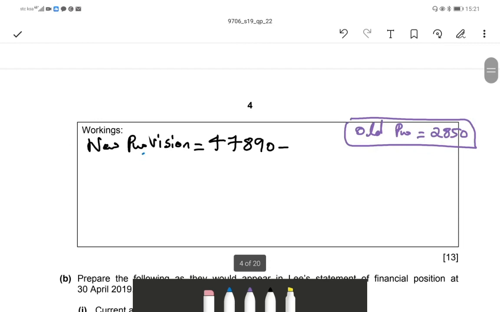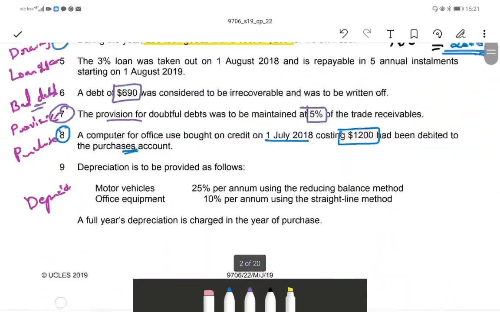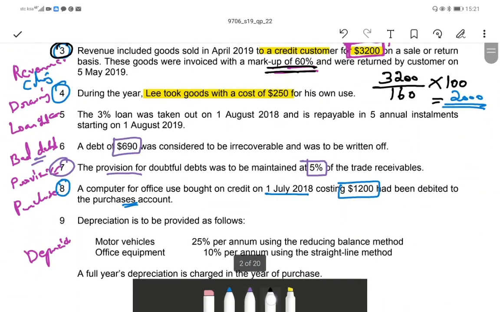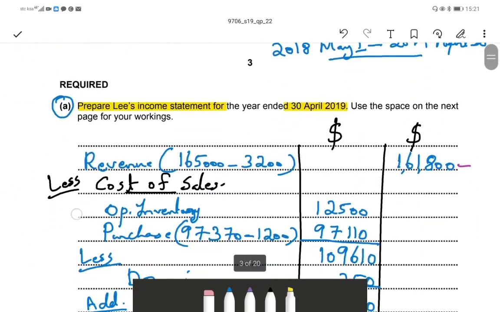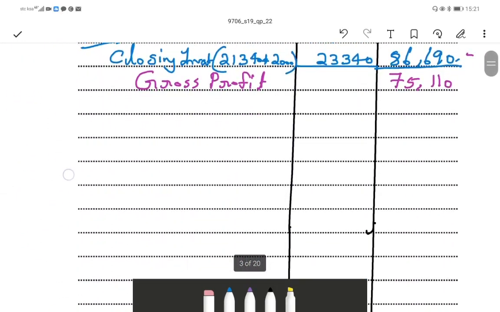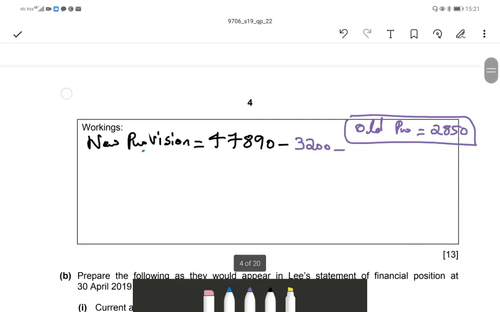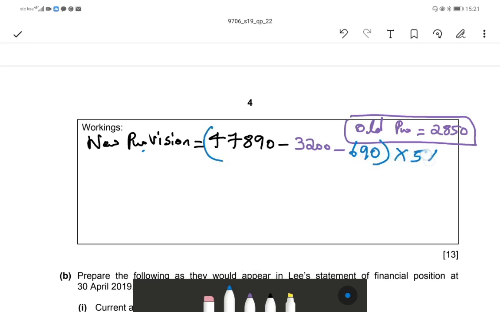So minus 3,200, then minus bad debt. If any bad debt is given in the adjustment, they are given the bad debt 690, the debt irrecoverable and written off. So that also we deduct, bad debt 690. Then multiply by 5%.